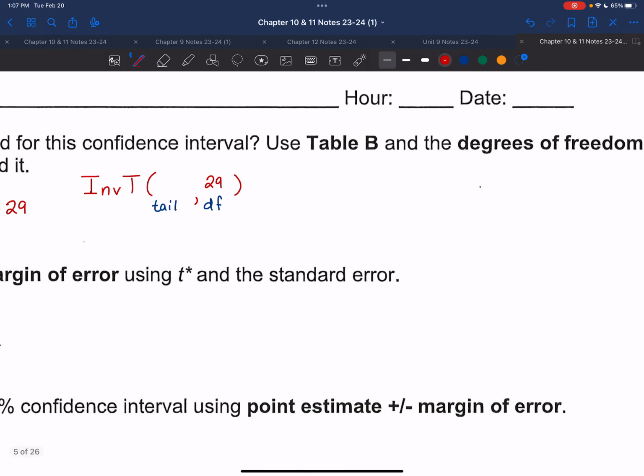Now for your tail, for example, if we are doing a 95% confidence interval, here is 95% of your data. That means that each one of these tails is worth 2.5%.